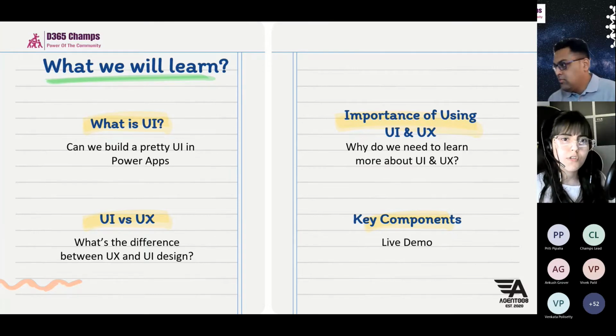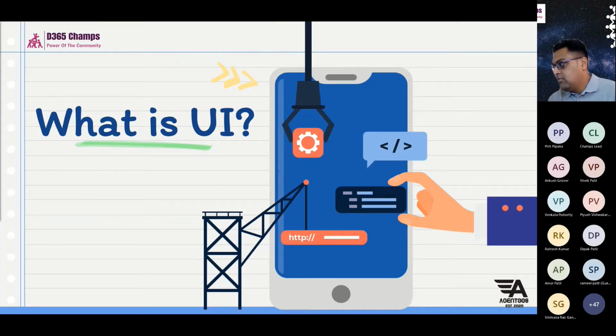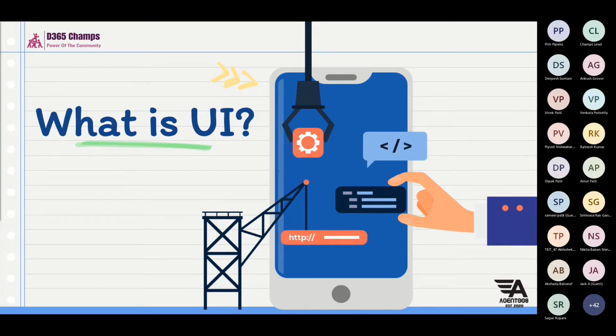So let's start with the first one, which is what is user interface. The UI, which is short for user interface, is the graphical layout of any application. It is the buttons that users can click on, the text they read, maybe the images, or sliders or text entry, and all the rest of the items that the user can interact with.